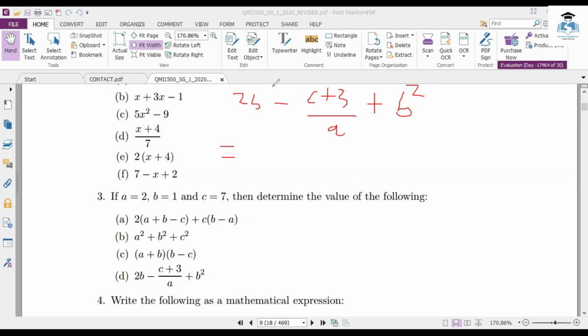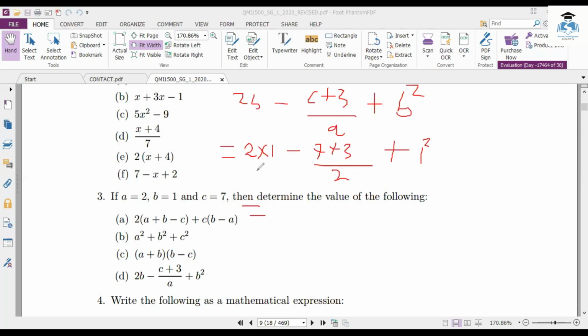It is 2 multiplied by 1 minus 7 plus 3, all divided by 2 plus 1 squared.